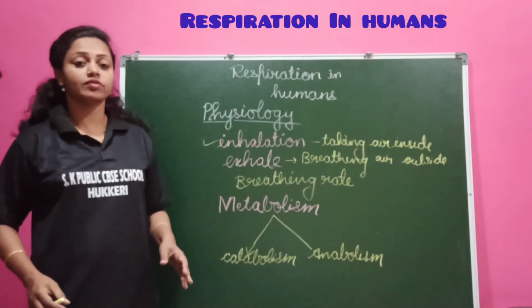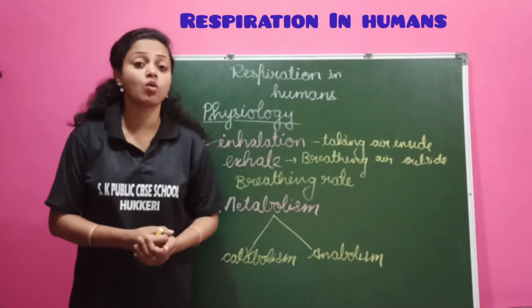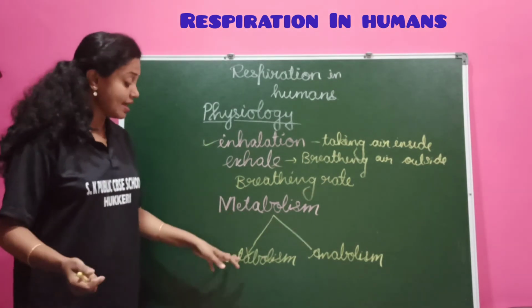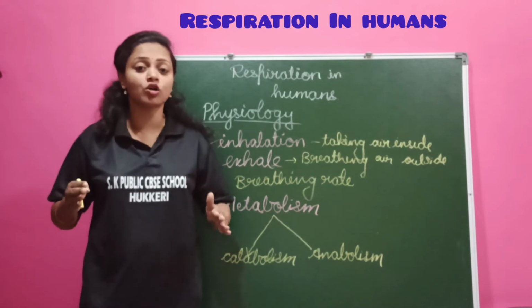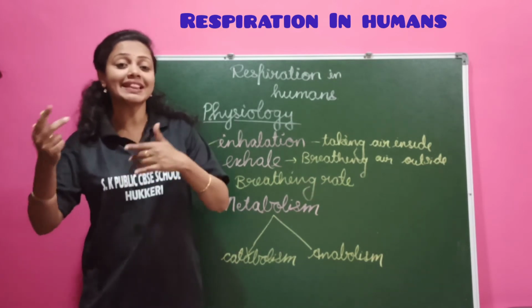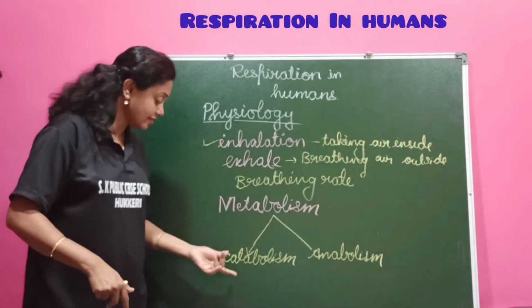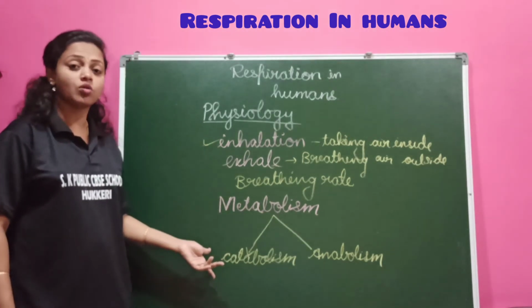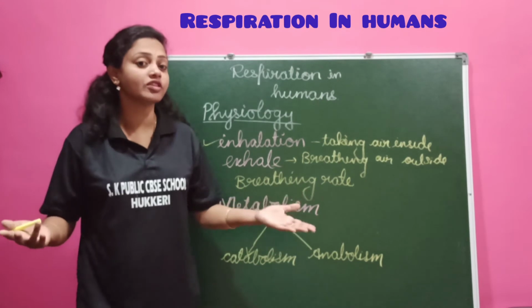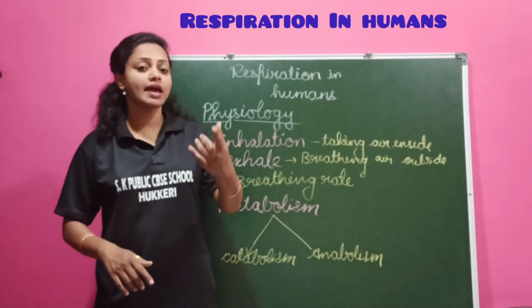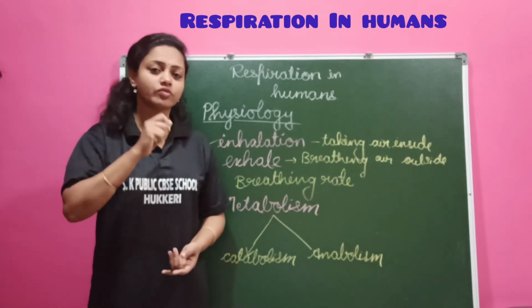So, dear students, what is catabolism? What process undergoes in catabolism? The process of breaking down molecules to obtain energy takes place in catabolism. Now, what do you mean by anabolism? They may ask what is the difference between catabolism and anabolism for just 1 mark.